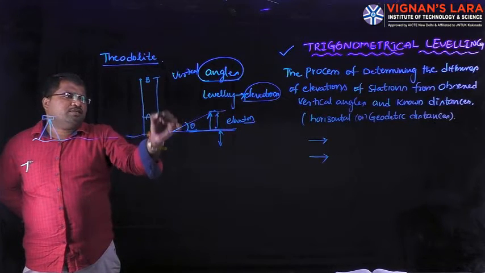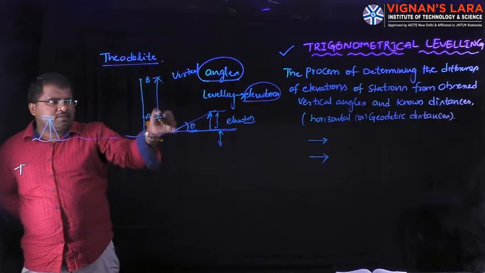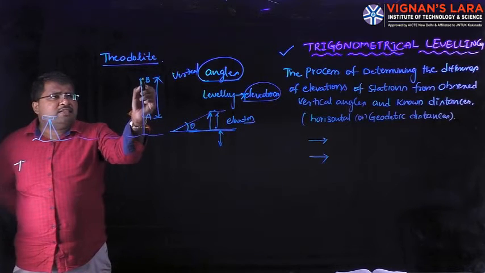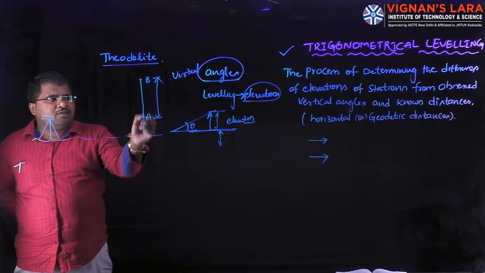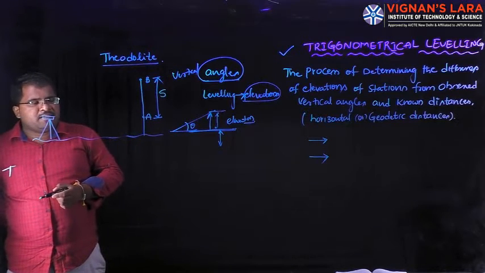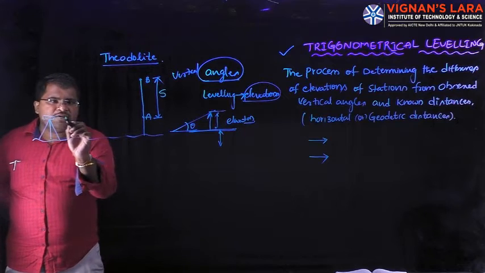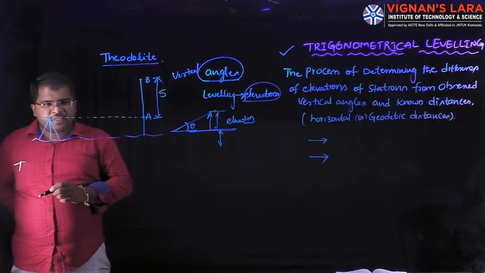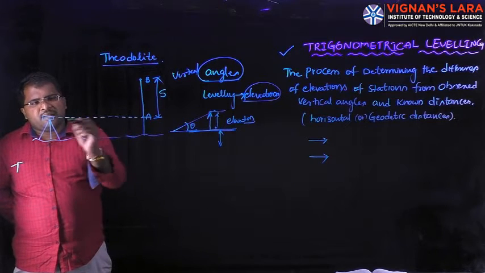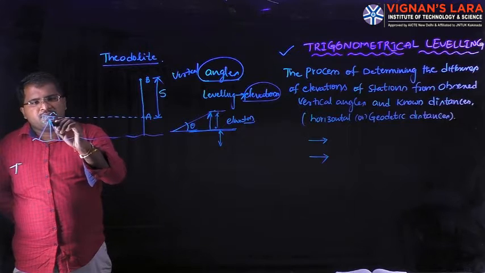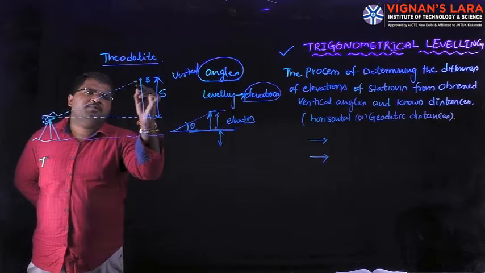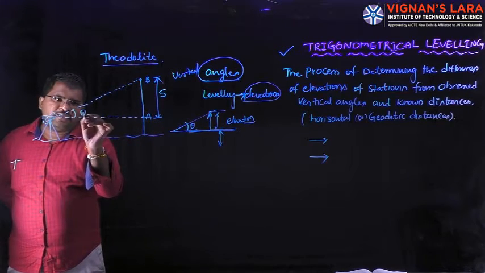I want to know this distance, this level. Suppose I am going to sight this A, which is at horizontal level. Then I tilt the telescope towards B, and I find the angle theta.